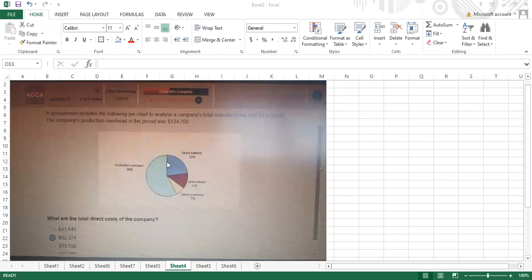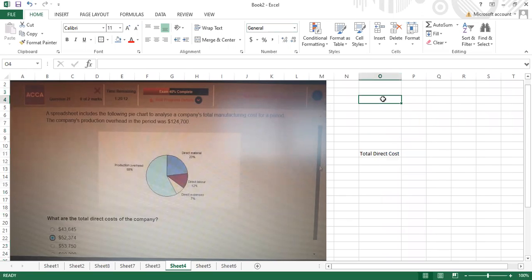All right. So the next question says, what are the total direct costs of the company? Very easy. It is asking about the total direct costs. Let me write here. Total direct cost. So you see that the spreadsheet includes the following pie chart to analyze the company's total manufacturing cost for a period.